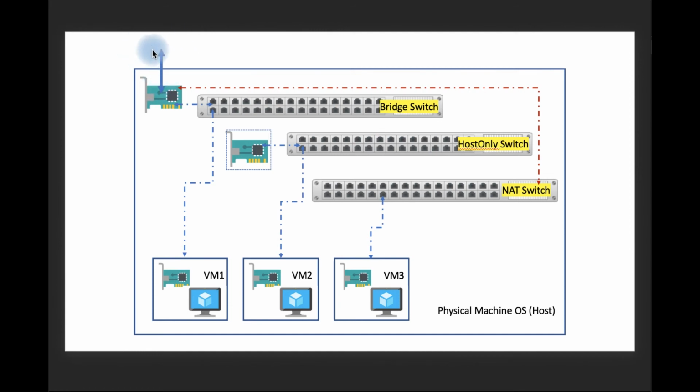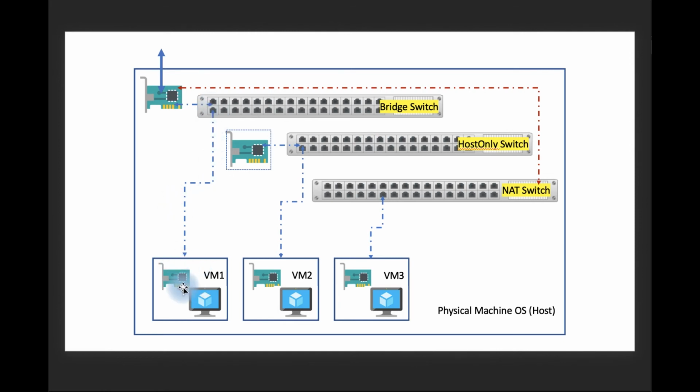It can communicate with other machines within the network, and the machines within the network can reach this VM. In fact, this virtual interface will act like a physical interface. The bridge switch is the one that does all the work for us.